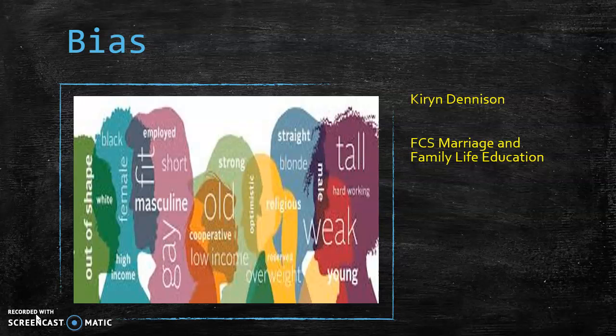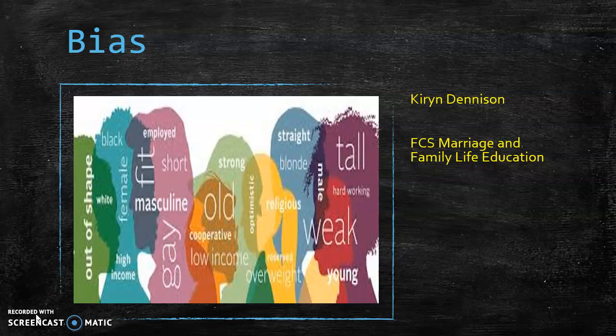I want to go over what a bias is, how to define it, and how it plays a role when distinguishing stereotypes, prejudice, and discrimination. Then I want to talk about other roles in biases and how we mostly all have unconscious biases.